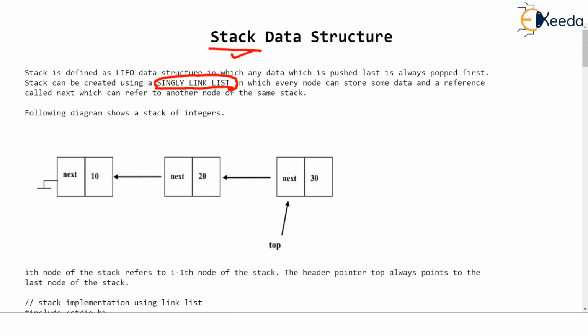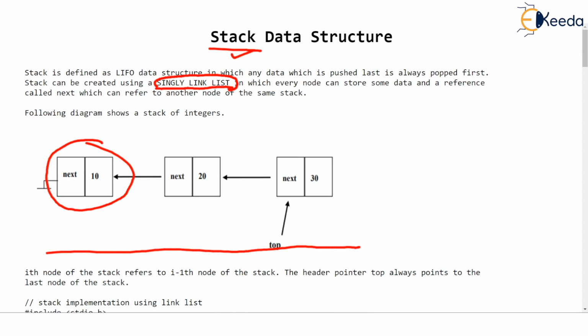Now, following is a stack which I have shown, which is a stack of integers. It is a stack of integers because there are three nodes in this. This is a node, this is another node, and this is the third node. In these three nodes, we have data as integer. You can see 30, 20, 10. And besides data, we have a pointer called next.